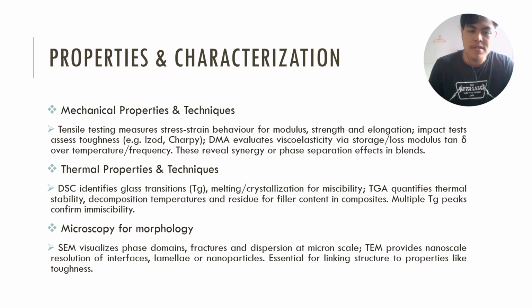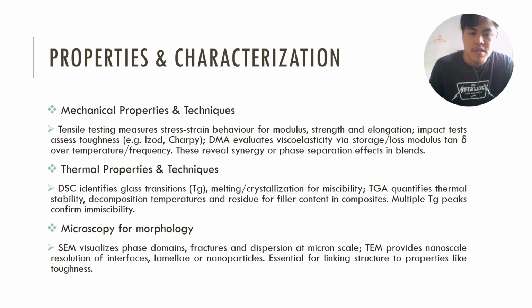The second one is thermal properties and techniques. DSC identifies glass transition, melting and crystallization for miscibility. TGA quantifies thermal stability, decomposition temperatures, and residue for filler content in composite. Multiple Tg's confirm immiscibility.